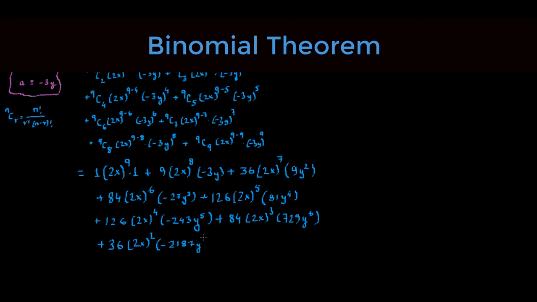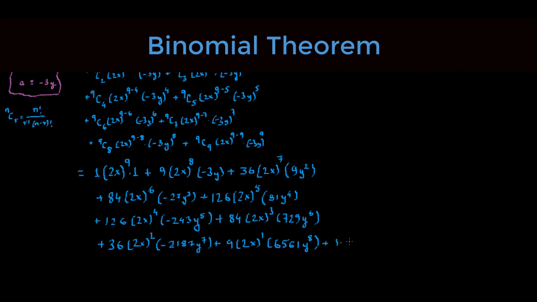y raised to the power of 7 plus, then we have 9c8. 9c8 is 9. 9c8 is 9 twice of x raised to the power 1, and this is 3 raised to the power of 8. 3 raised to the power 8 is 6561. 6561 y raised to the power of 8 plus 9c9 is 1.